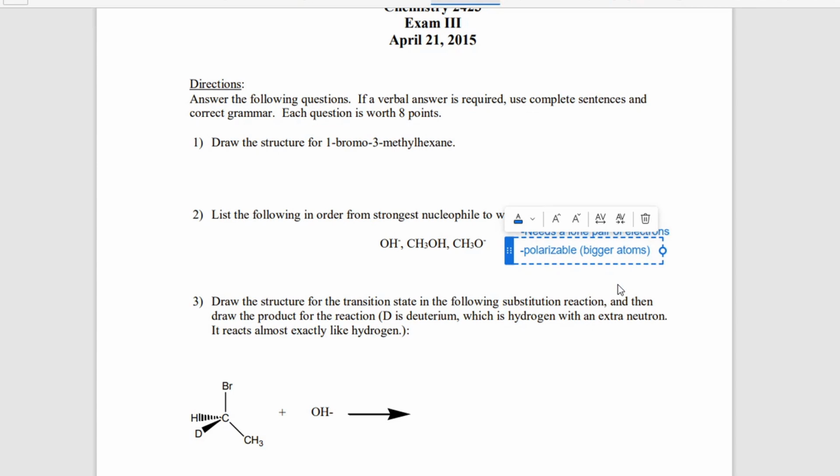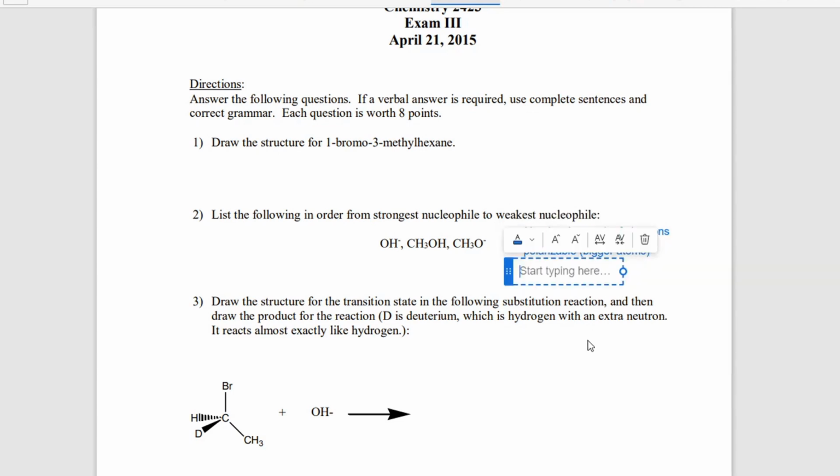Bigger atoms and more electrons are going to be more polarizable. And then lastly, we want to consider basicity. Because the more basic something is, all other things being equal, usually means more nucleophilic. I misspelled usually, that's pretty sad.